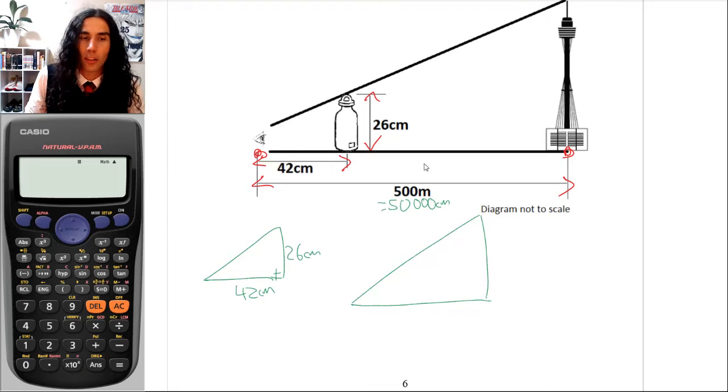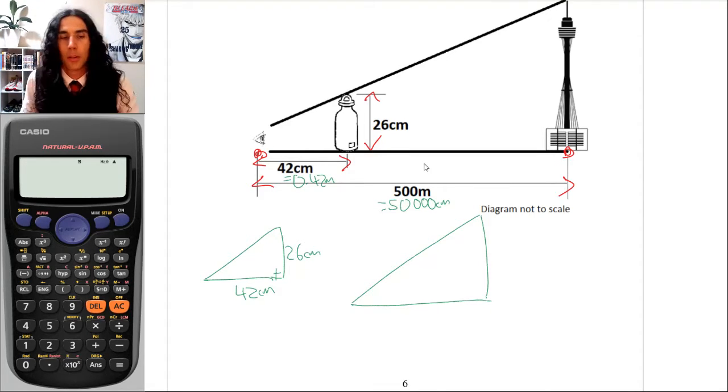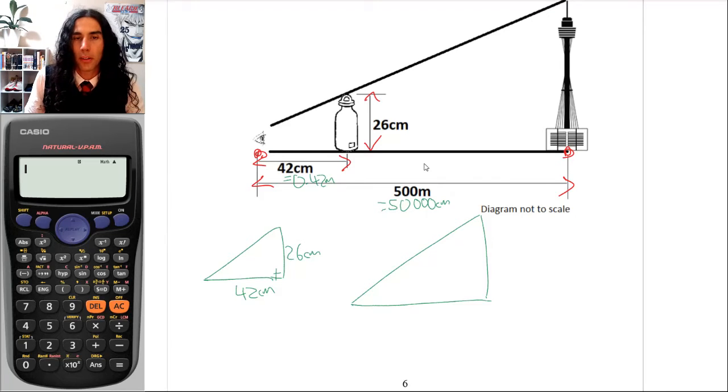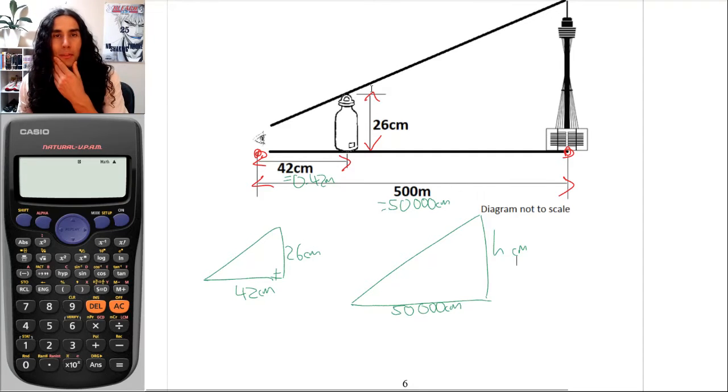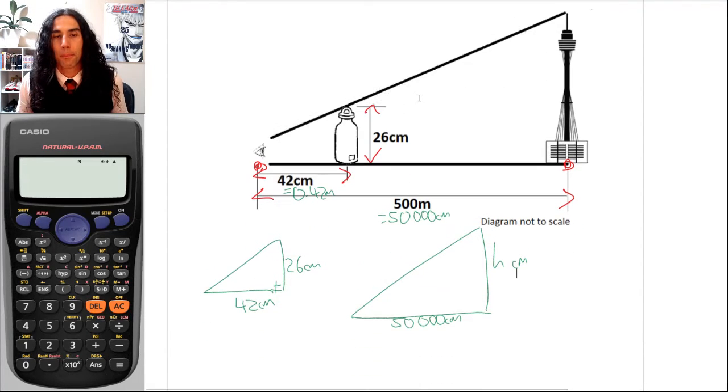Or you could change that to 0.42 meters. I'm going to put everything in centimeters. So we got 50,000. And we're going to get some height in centimeters. And we'll have to get it back to meters when we're done.